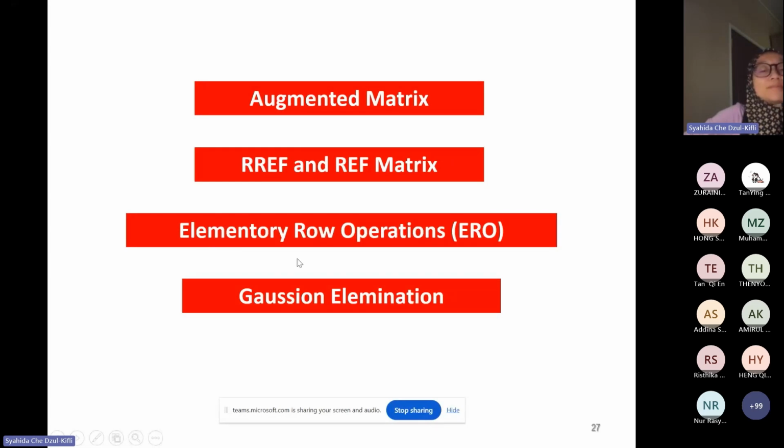How do we perform elementary row operations on the augmented matrix to transform it into RREF or REF? What steps do we need? It is given by the Gaussian elimination method, a step-by-step method to transform an augmented matrix into RREF or REF by performing elementary row operations.